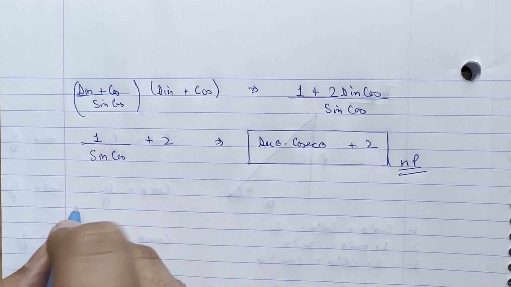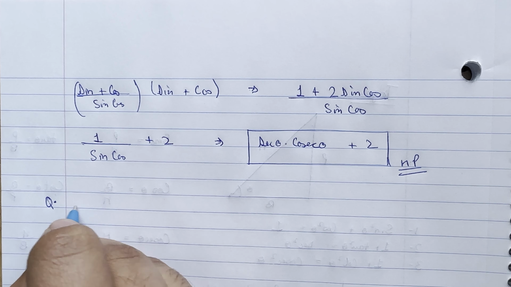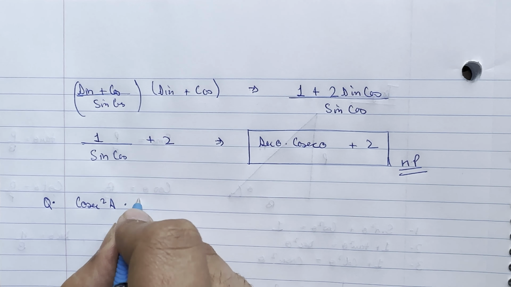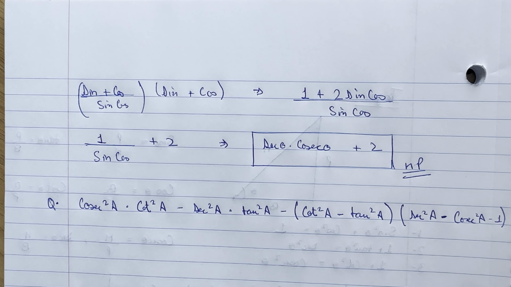There is one more complex question I would like to discuss here: cosec square A multiplied by cot square A minus sec square A tan square A equals to 0.